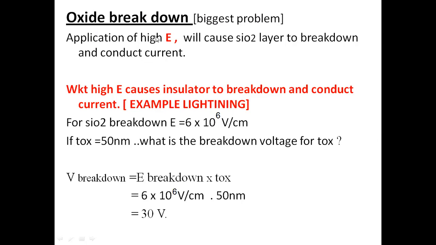Why? Because of the application of a high amount of electric field, which will cause this SiO2 layer to go into breakdown or damage, and we can have conduction of current. A similar example is seen in lightning, the thunderstorm lightning effect. Even though air is an insulator, when lightning happens, a high amount of electric field is caused and that field can pass through the air.